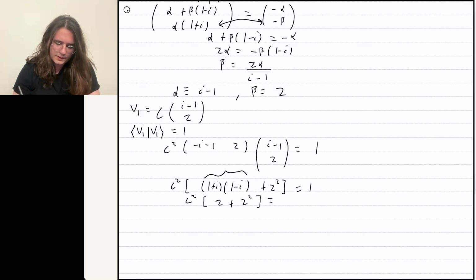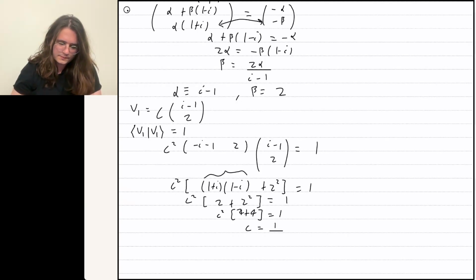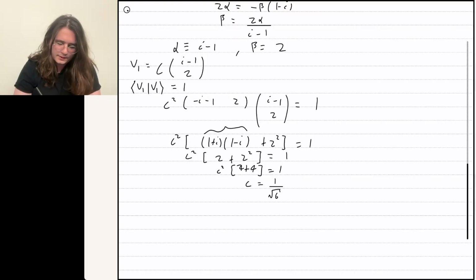And so we've got c squared times 2 plus 4 makes 6, so we've got c equals 1 over root 6, and we will take that to the bank. v1 is going to be 1 over root 6 times i minus 1, 2.